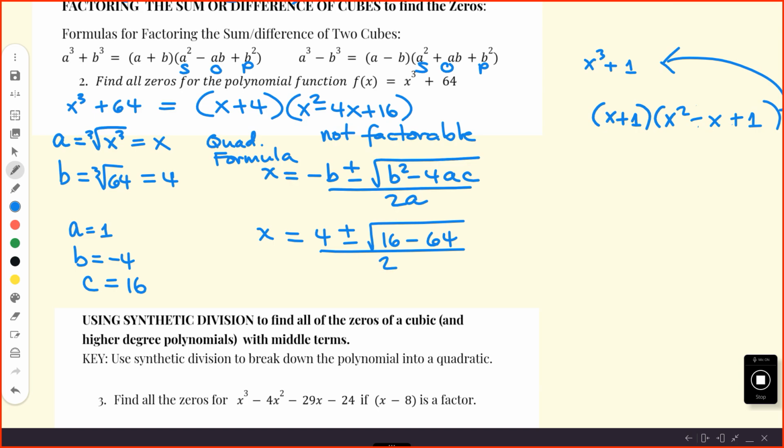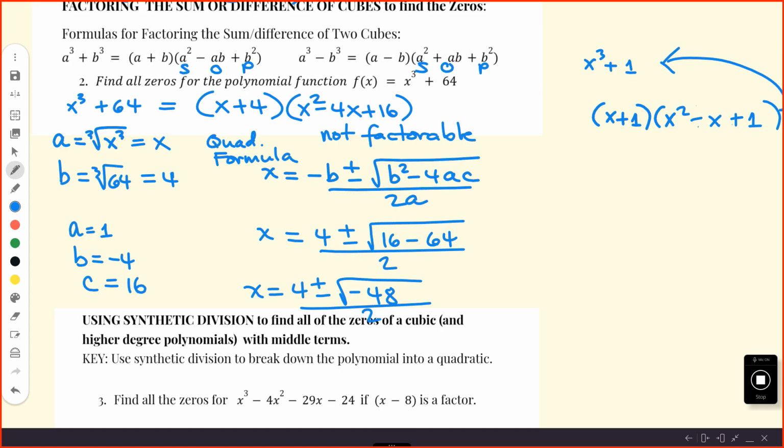Okay, and we just have to simplify. So that is 4 plus or minus... what is 16 minus 64? Negative what? 48. Okay, -48, and then divided by 2.